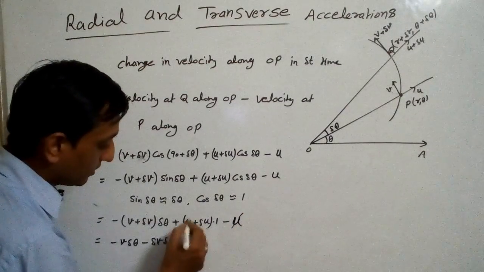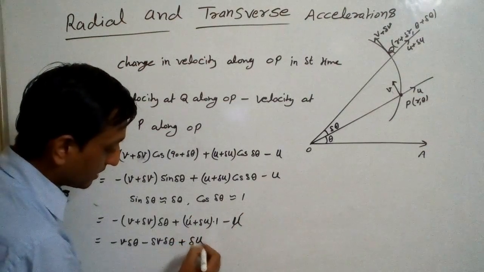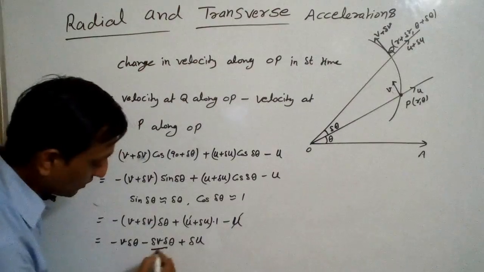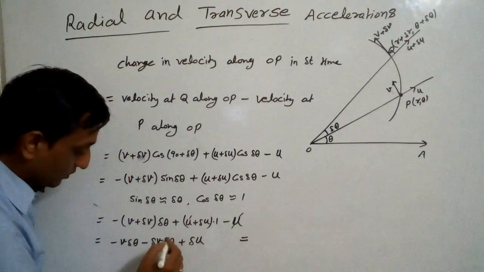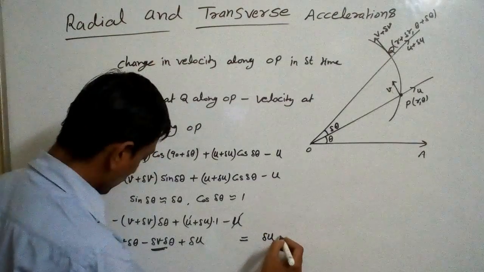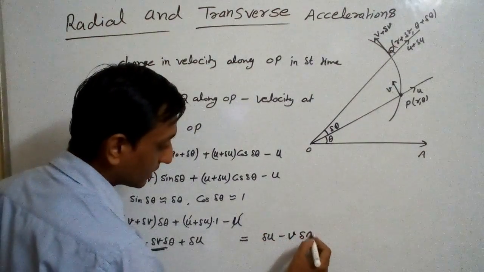The u cancels with u plus delta u, and delta v delta theta is very small, so we can write it as 0. So we can write delta u minus v delta theta.